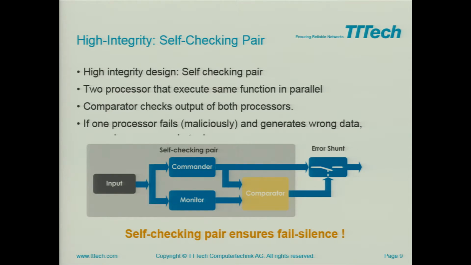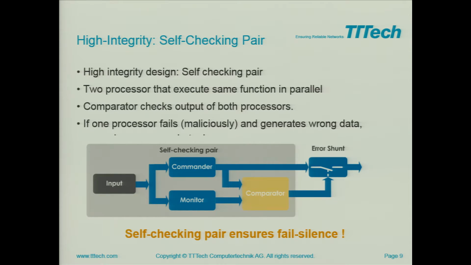High integrity means that you have a node that in case of a fault fails silent, which means it doesn't produce an output anymore. And this can be achieved by a so-called self-checking pair. At CPU level, it's quite famous. It's called dual core lockstep, for example. Here you provide the same input to two independent blocks, which are a commander and a monitor. They perform the same functions, and the output is compared.